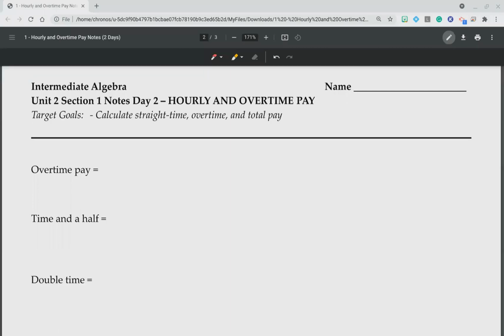Yesterday, we talked about straight time pay. Today, we're going to talk about overtime pay.